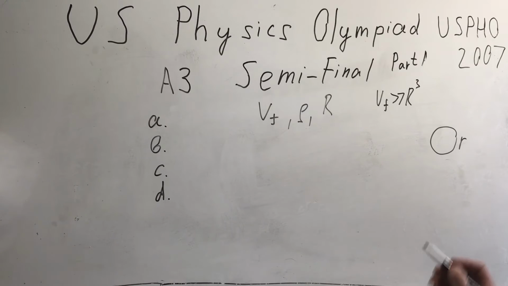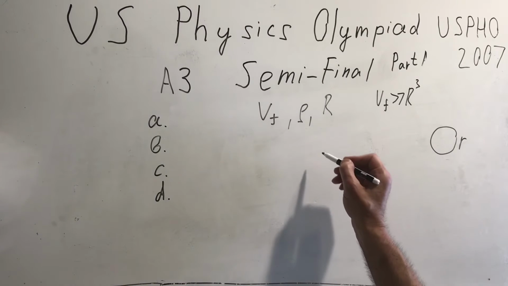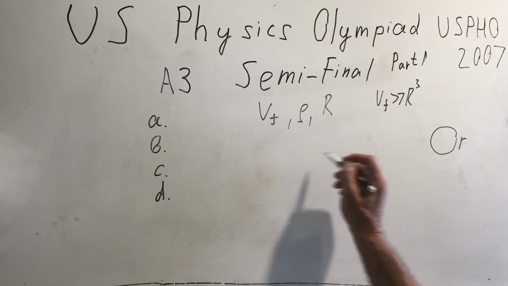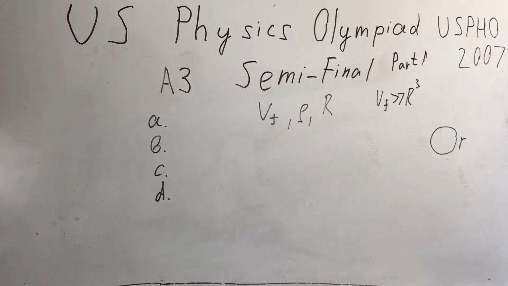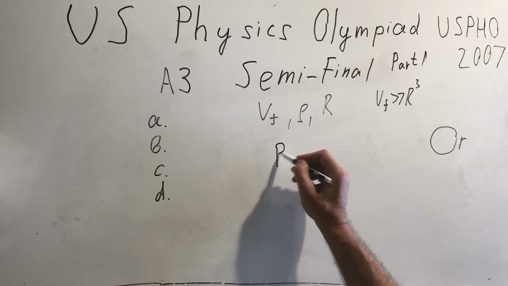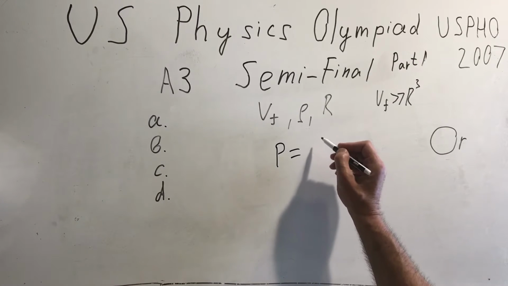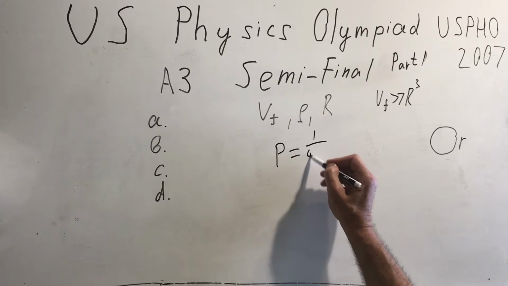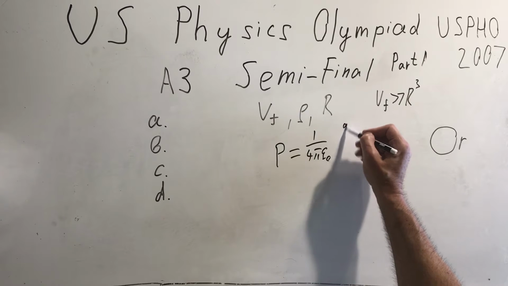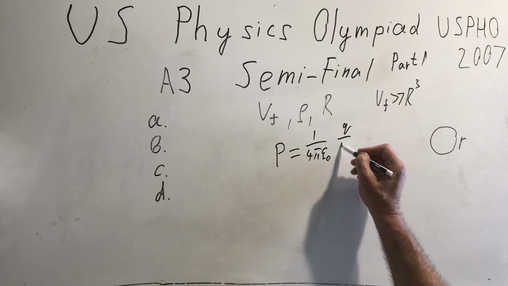First we calculate the potential on the surface of this drop. That will be φ equals 1 over 4 pi epsilon 0 times Q over r.